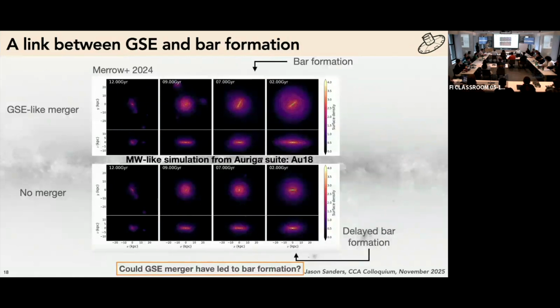With this particular example, these two rows are the same galaxy. The bottom one is resimulated without the merger event. So they're exactly comparable in terms of the mass, modulo the material that's coming in, of course. So the sidebar is just how major of a merger was the GSE? Was it like 10-to-1, 3-to-1?